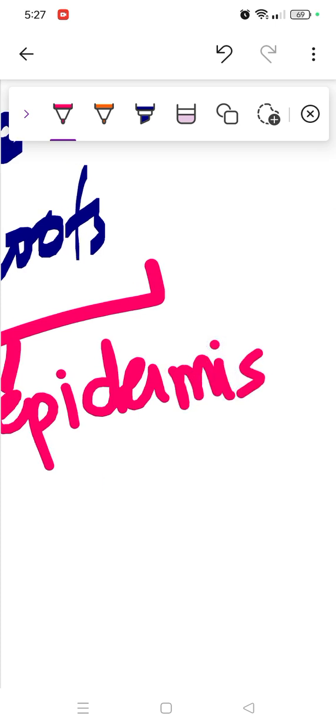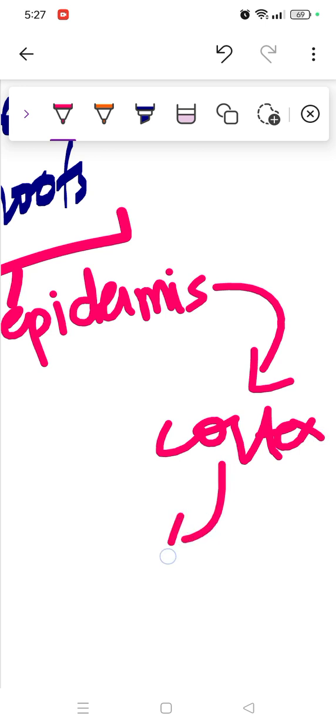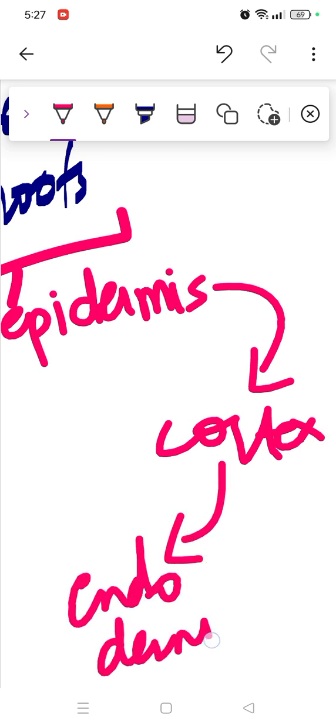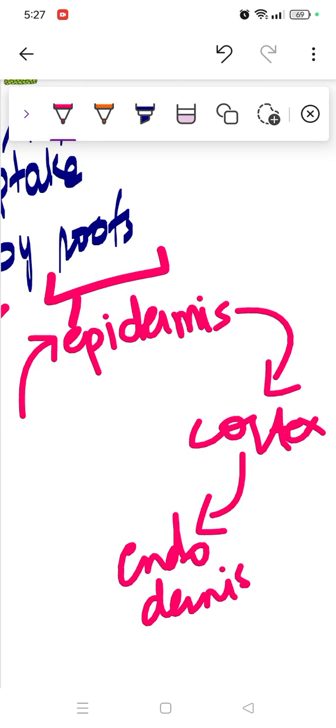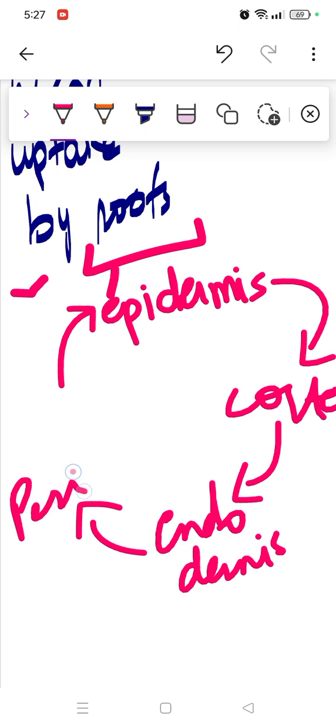Then after the epidermis it goes to the cortex. After the cortex it goes to the endodermis, then to the pericycle, and then to the xylem. So here it ends.